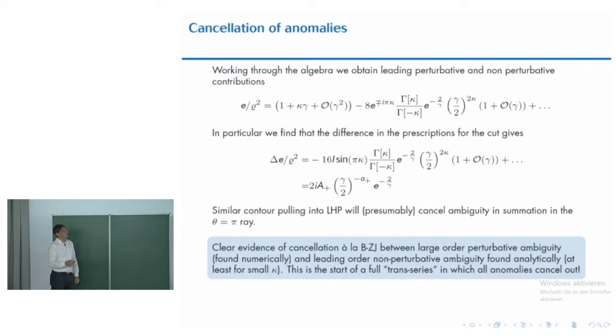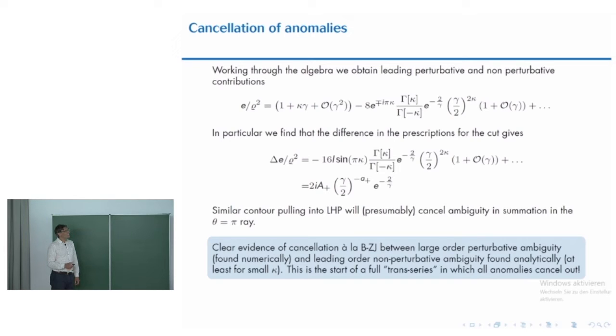We find the first couple of terms of the perturbative series. This agrees with the first term of the full thing the computer found, but we only go up to first order. Then we find the leading non-perturbative behavior here, and as I said, this leading non-perturbative behavior is ambiguous with plus or minus i pi kappa.